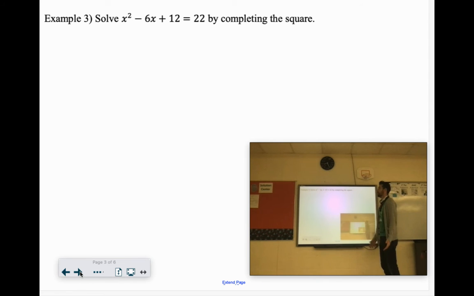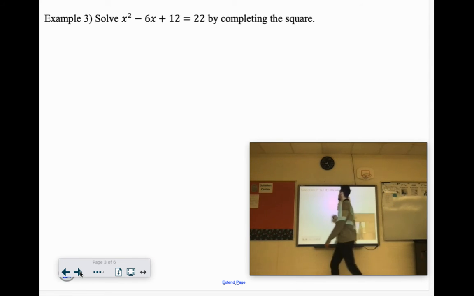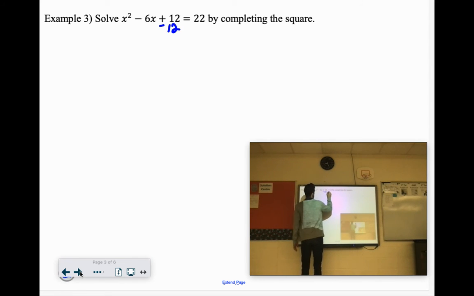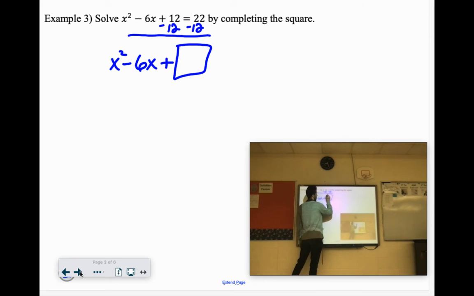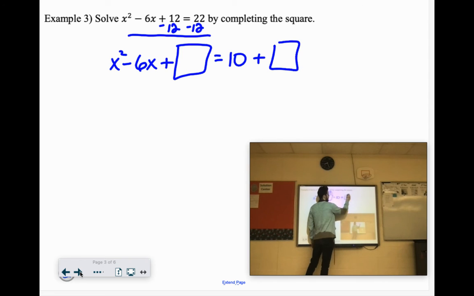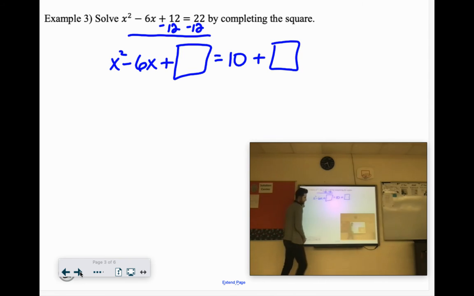All right, complete the square. We gotta get rid of that plus 12. So minus 12 on both sides. X squared minus 6x plus blank equals 22 minus 12 is 10, plus that same blank that we're gonna add. To figure out the blank, to turn it into a perfect square, take b, divide it by 2, and square it.